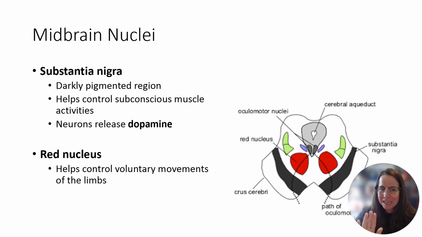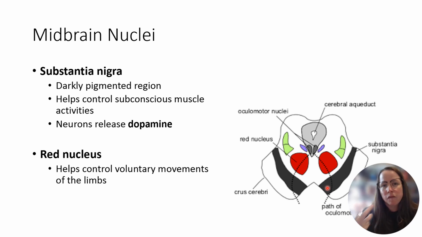So this is a cross-section of your midbrain, and the two things we want to talk about right now are the red structure and the black structure. This black line right here is called the substantia nigra, and it is very darkly pigmented. I'll show that to you on the next slide.